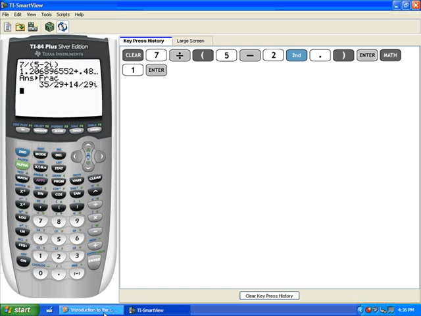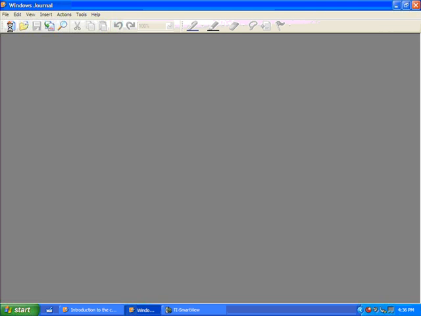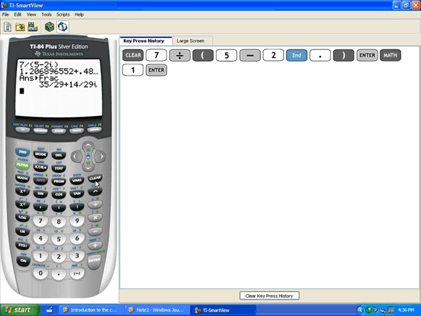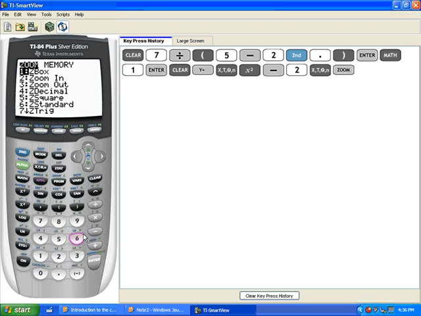Now, as promised, I want to look at an example of a quadratic equation that would have these types of answers. Now, if we go to our calculator and we look at x squared minus 2x, and we do a zoom standard.